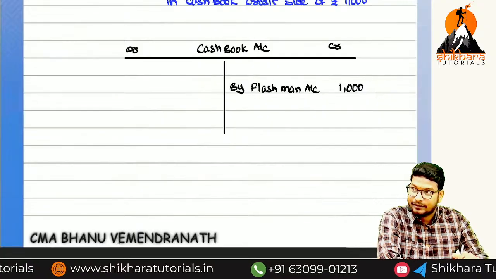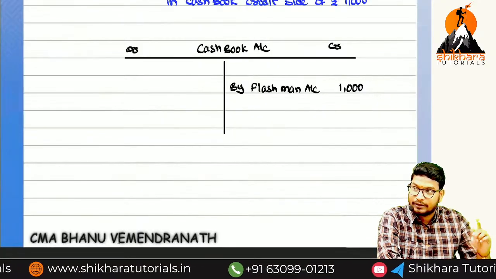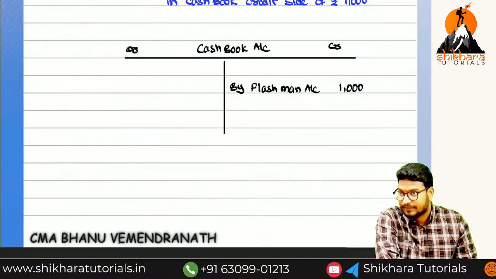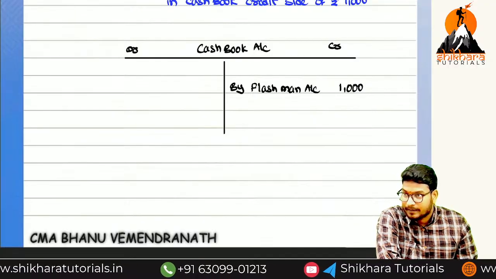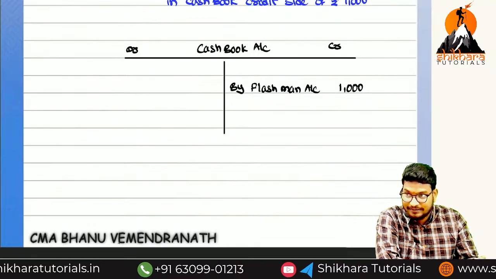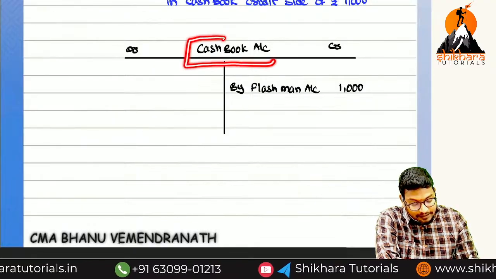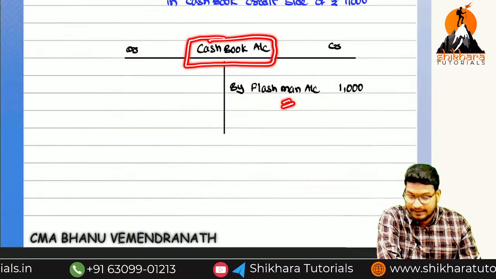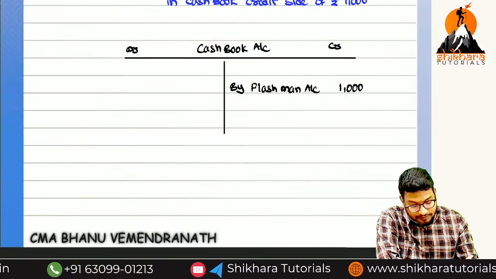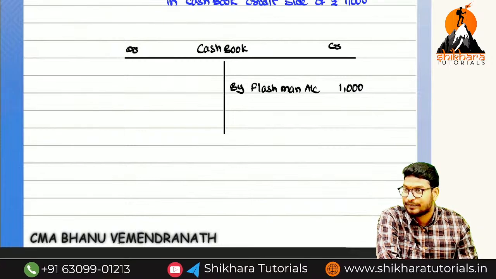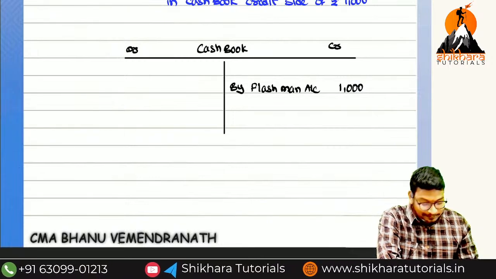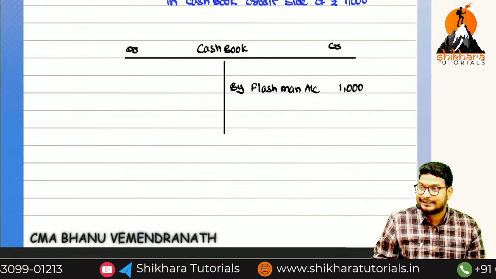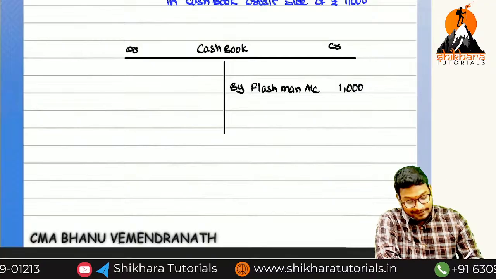Which entry did that fellow record? By way of seeing the ledger, can you say the entry? No. Okay, that is simple. In the cash book, which side have we recorded? Credit side. So what is the book name?